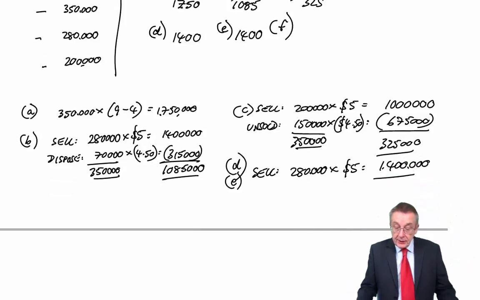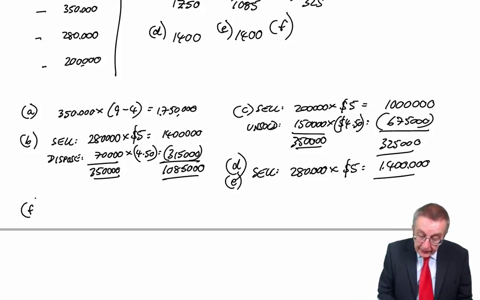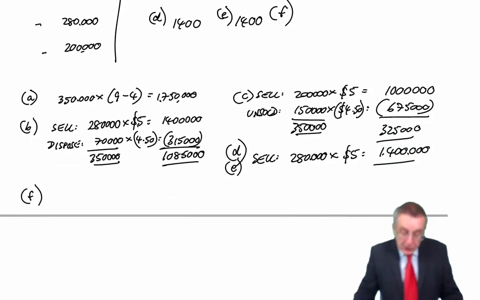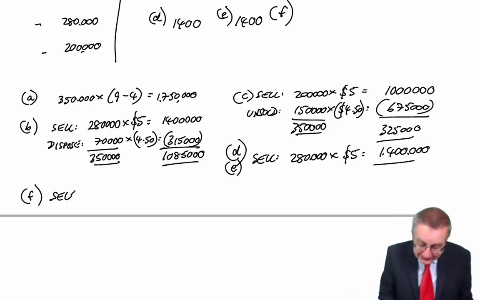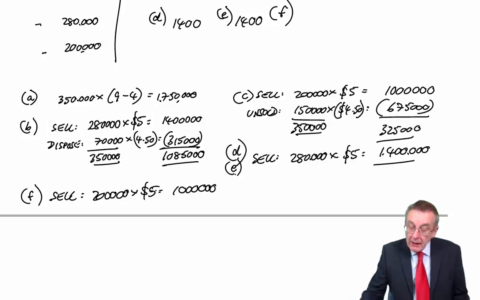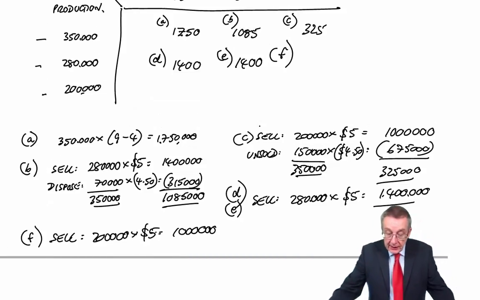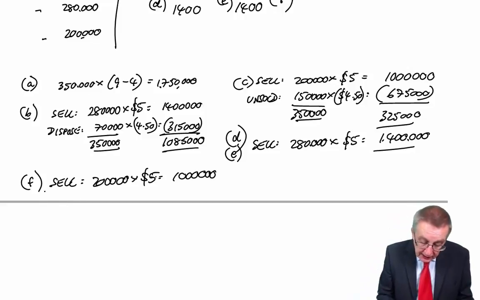I really need to do one more. That F, we produce 280, and demand is only 200. Well, if demand's 200, we only sell 200. $5 each is $1 million. But since we produced 280 and only sold 200, the other 80,000 are unsold.